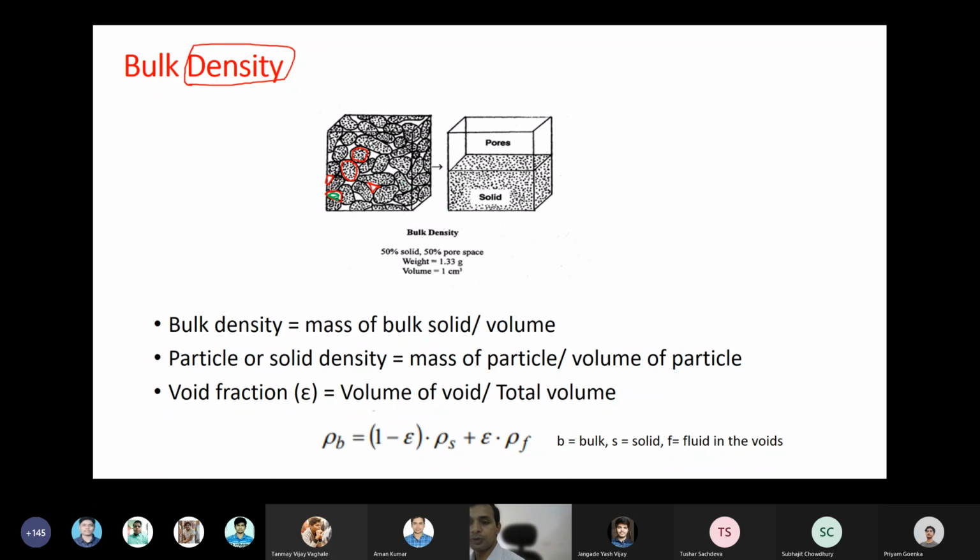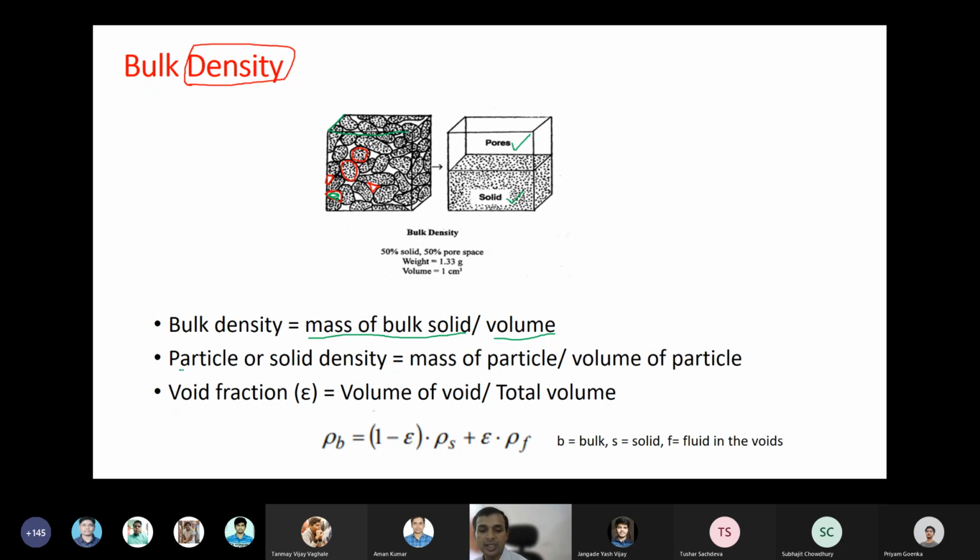In the bulk storage, we have two things: the solids, and the void space or pores. So bulk density is nothing but the mass of the bulk solid divided by the volume of the bulk solid. Bulk solid is nothing but the packing of certain particles.